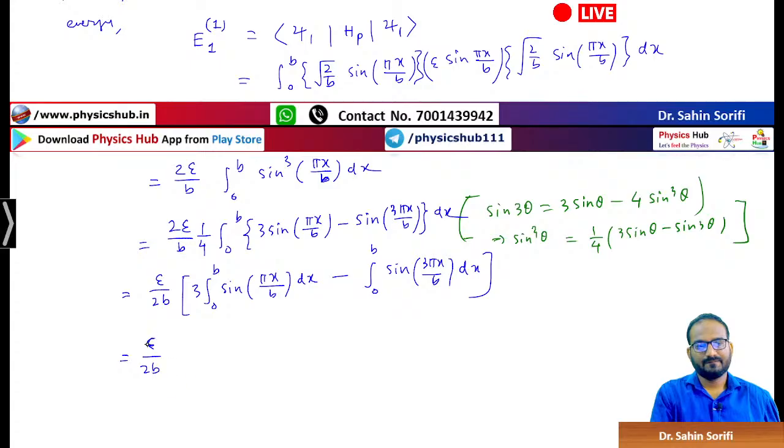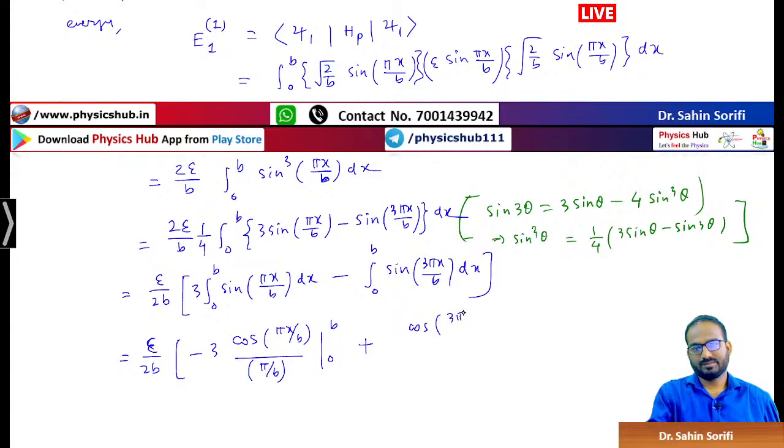Epsilon by 2B, 3 times, the integral of sine is minus cos pi x by B divided by pi by B, and minus minus becomes plus, cos 3 pi x by B divided by 3 pi by B, from 0 to B.